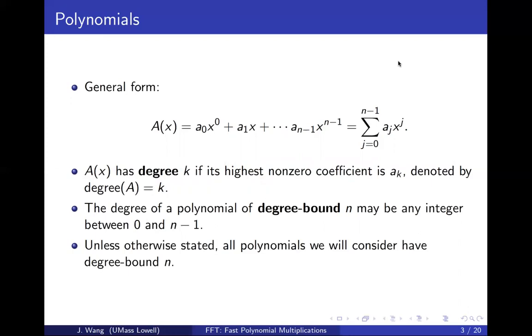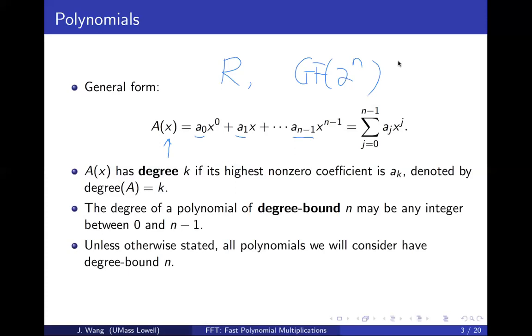So it can be either over real numbers or over finite fields, that kind of thing. And so what we have here is one variable and coefficients. So these a0, a1 up to a_{n-1} are coefficients over the underlying domain.